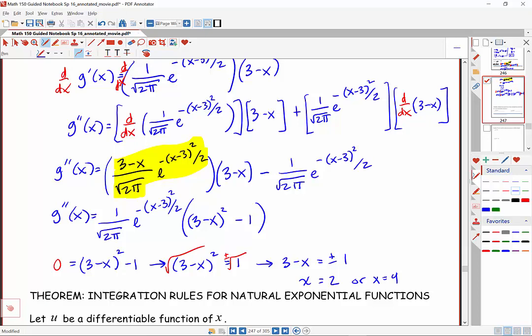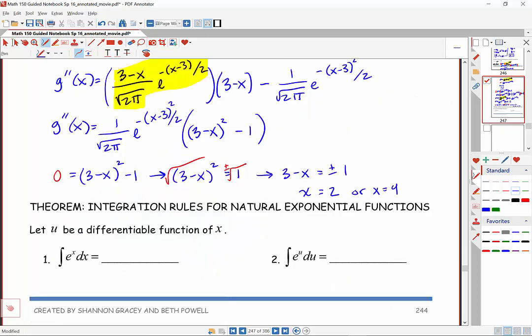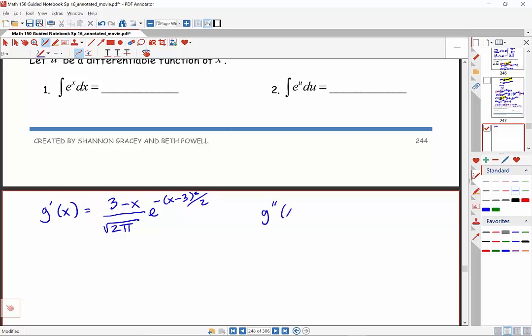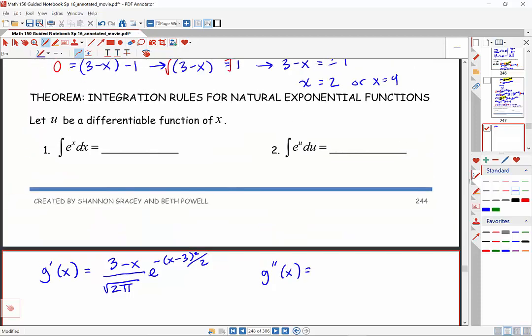So now, unfortunately, we've run out of space. Just to remind you, g prime at x was equal to 3 minus x over root 2 pi times e to the negative quantity x minus 3 squared all over 2. G double prime at x was equal to, let's see, we factored that out, right?